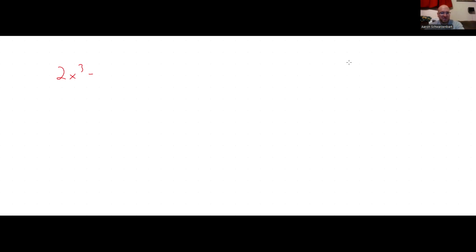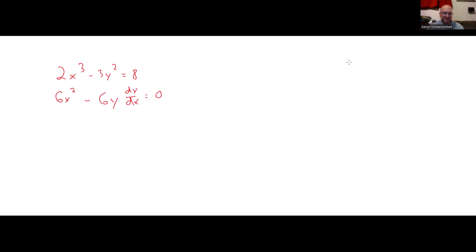I'm going to make this neater. This is 2x cubed minus 3y squared equals 8. First thing I'm going to do is find my first derivative: 6x squared minus 6y dy/dx equals 0.